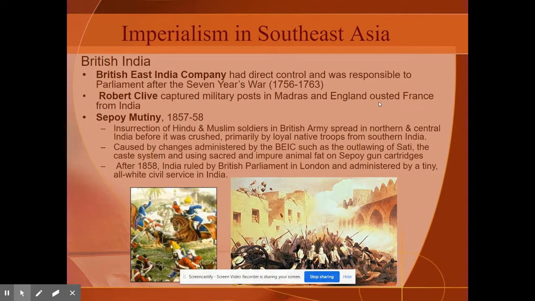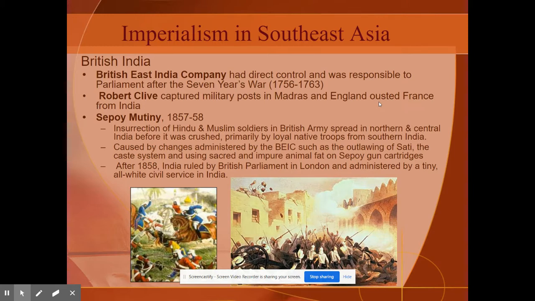And then after the 7 Years' War and the defeat of the French and that whole business that happened in the Black Hole of Calcutta, the British were the ones who were the dominant power now in India.